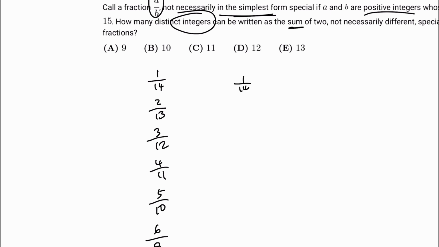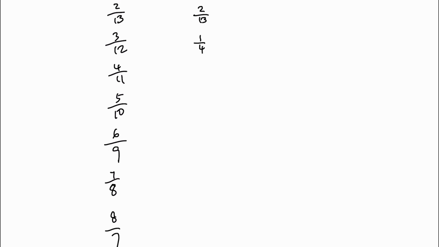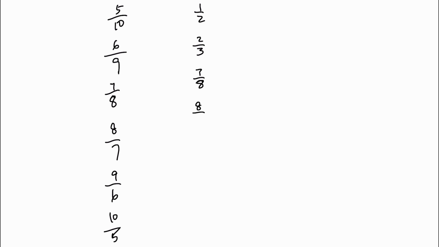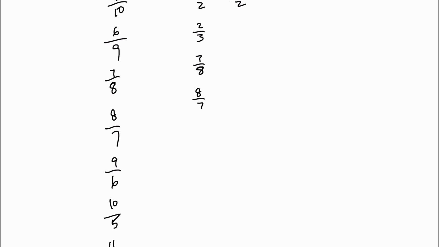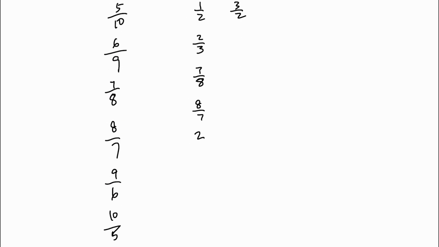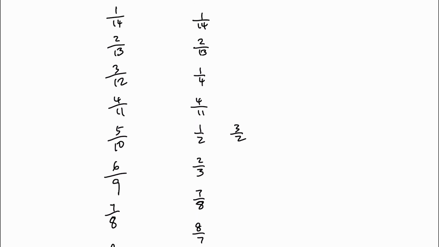So 1 over 14, 2 over 13, 3 over 12, that is 1 over 4. We have 4 over 11, 1 over 2, 2 over 3, 7 over 8, 8 over 7, 3 over 2, 10 over 5, that is 2. 11 over 4, that is just going to be something over 4.